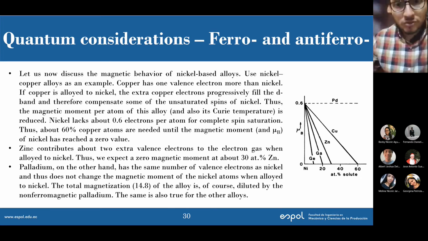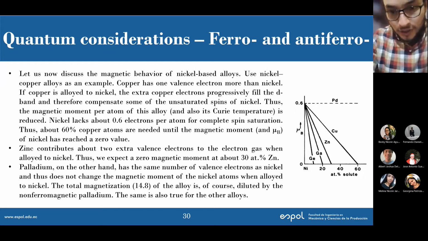That's why also the Curie temperature will be reduced. So nickel, again, lacks an average of 0.6 electrons per atom in order to complete the spin saturation. That's why you need about 60% of copper atoms in order to make nickel reach a zero value of magnetic moment.